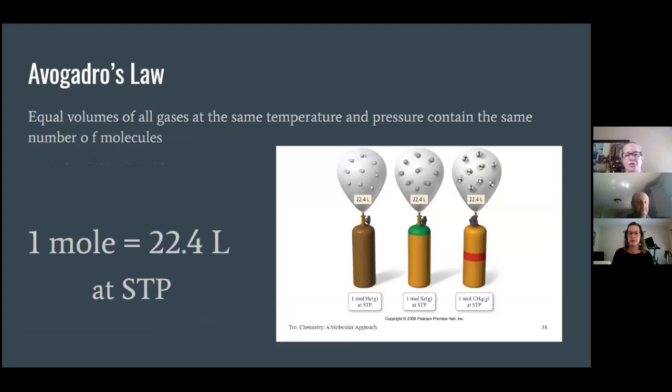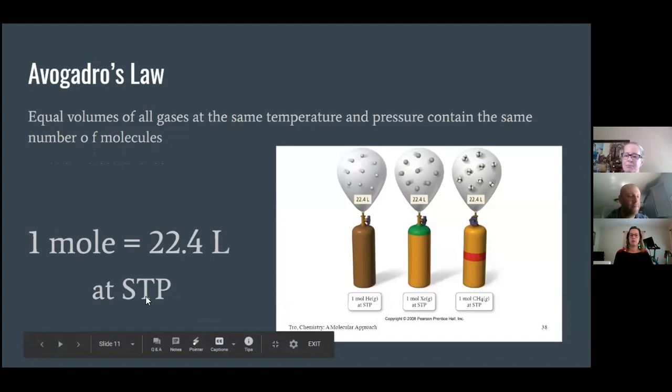Avogadro's law. Now we're looking at the number of particles. Like we said before, when you look at the laws, they're looking at two of the variables and leaving the other ones constant. When we look at Avogadro's law, which goes back to Avogadro's number, the mole, how many particles, you'll notice it says 1 mole equals 22.4 liters at STP.